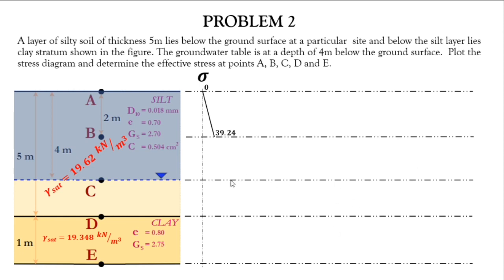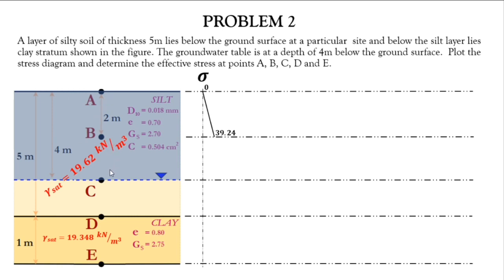Kunin natin yung stress. So, dalawa yung computation dahil pare-parehas naman tong silt at saturated. Pwedeng ang gawin mo na lang ay yung unit weight na to times mo sa height mula sa groundwater table hanggang sa point C. Okay lang din yon kung ang gagawin mo naman ay yung 39.24 para sa stress sa point B, i-add mo na lang yung stress dito na ilang meters to. 4 to 2, so 2 meters din to.